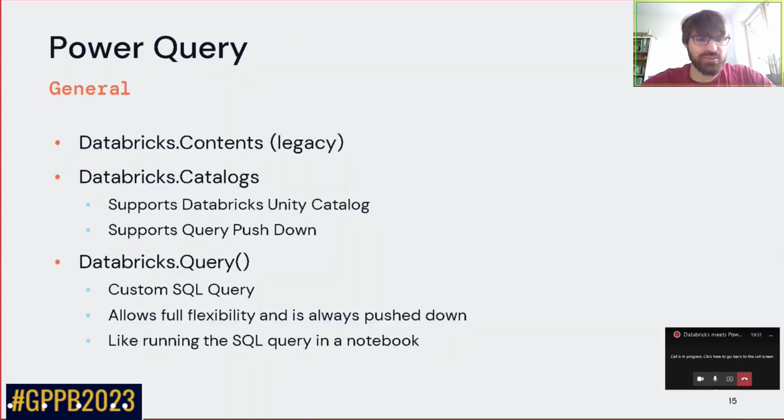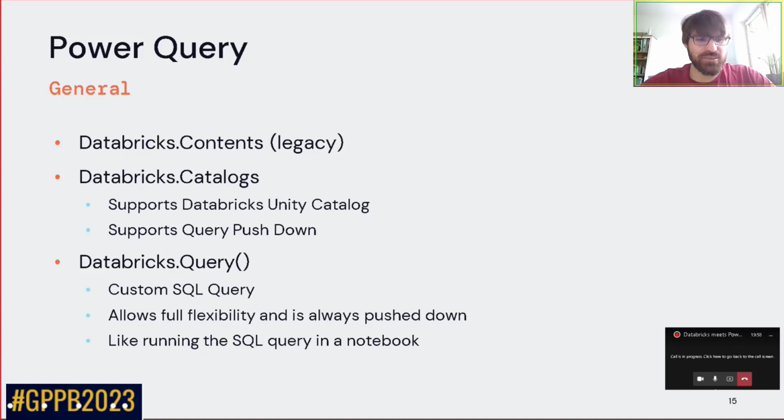When it comes to Power Query functions, there are currently 3 functions provided out of the box. There is Databricks.contents, which is legacy. It still works and allows you to read data from your Hive catalog.